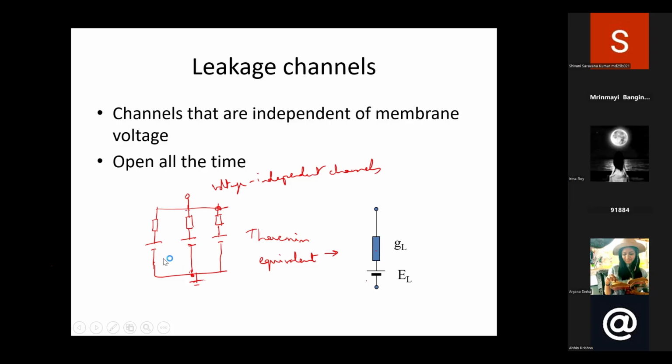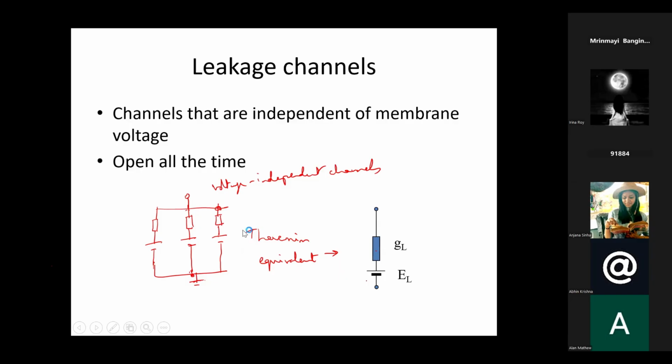Then from electrical circuit theory, there's something called Thevenin's theorem, which says that if you have many such elements and all of them are constant, then you can simply combine them and represent them as a series between a conductance and a battery. So to simplify the circuit representation of the neural membrane, we are simply replacing all these possible ion channels by just one branch which has a certain conductance and a battery.